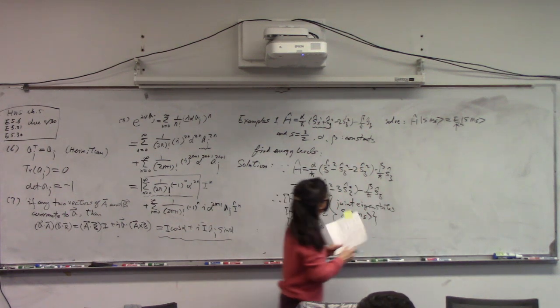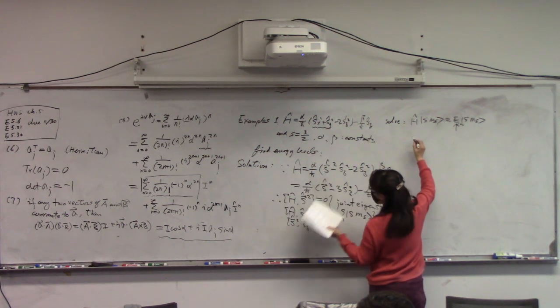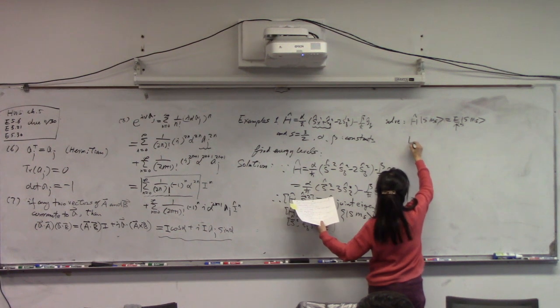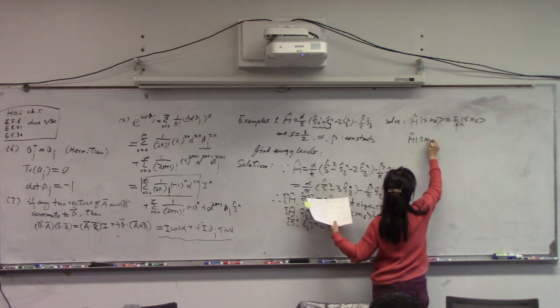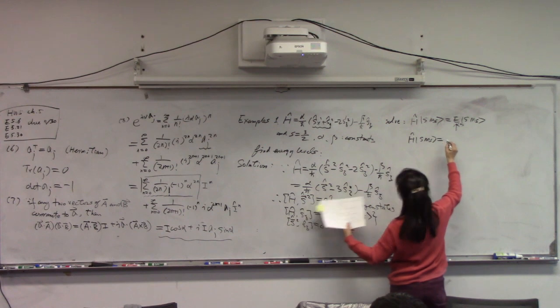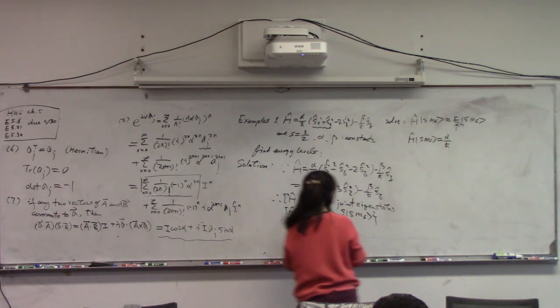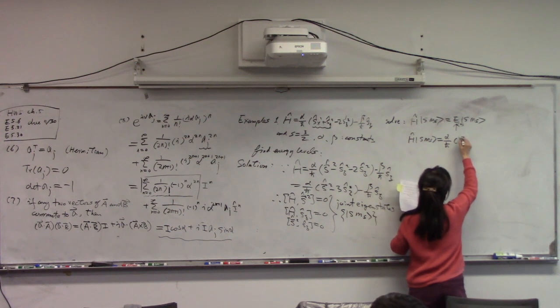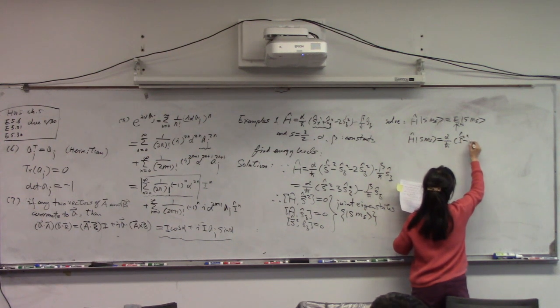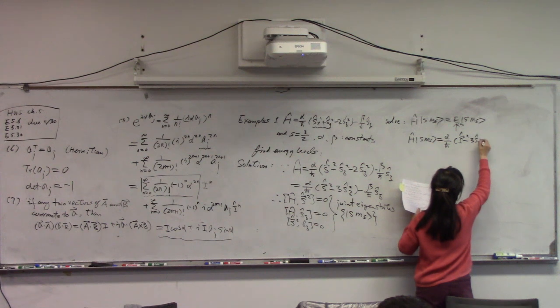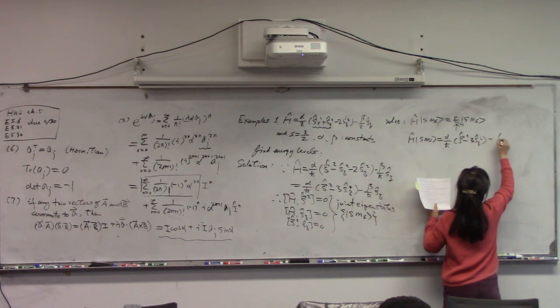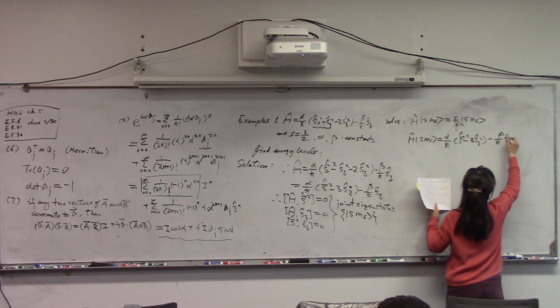Now H applied to the state |S, Ms> is alpha h bar, S squared minus 3 Sz squared, minus beta h bar Sz.